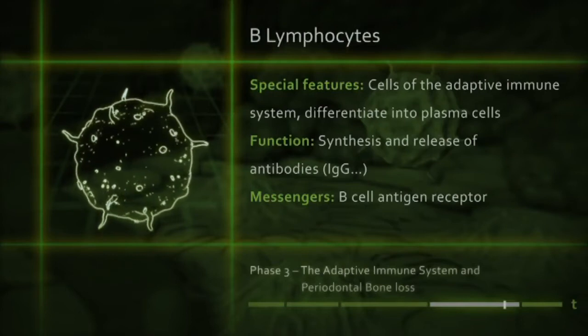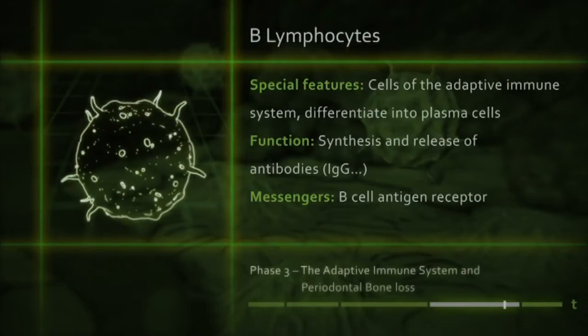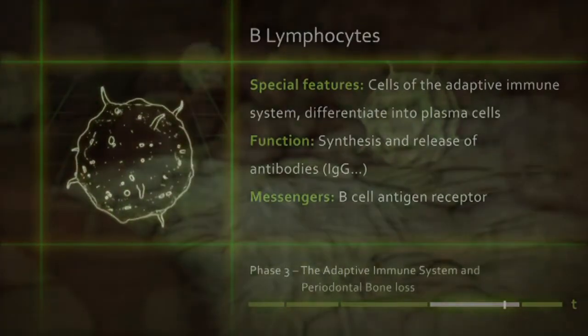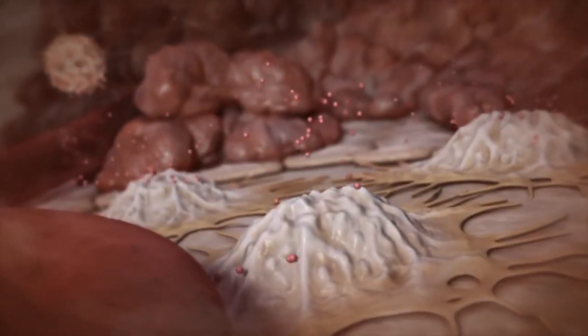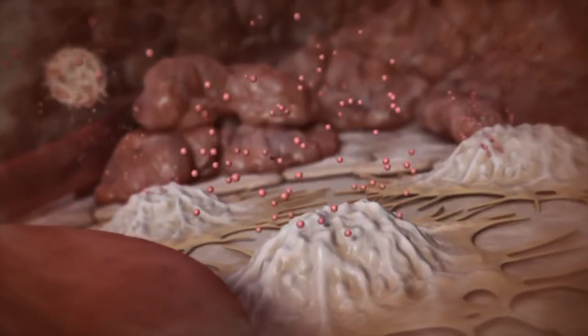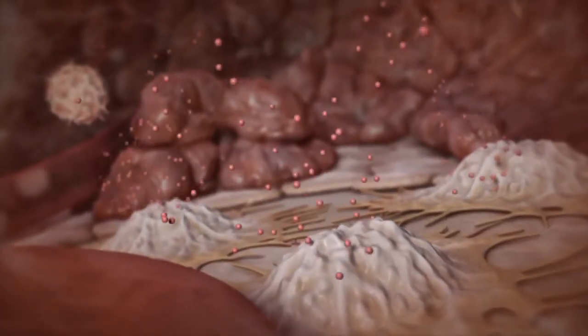Under continuing presence of bacterial antigens, osteoclasts will amplify bone resorption through the synthesis of chemokines such as monocyte chemoattractant protein 1, RANTES, and interleukin 1 beta.